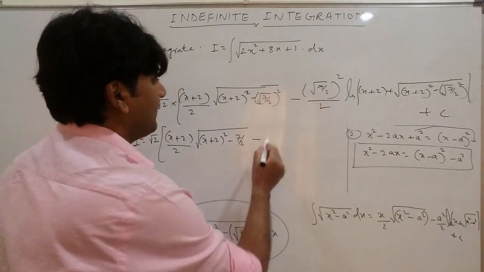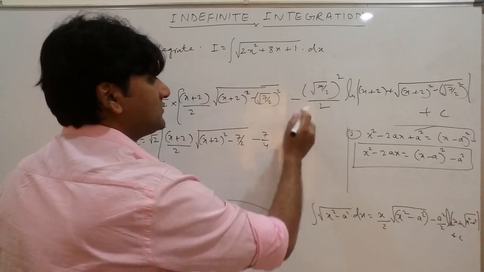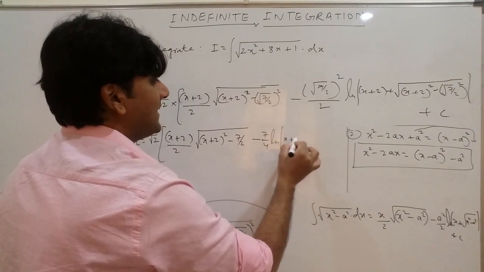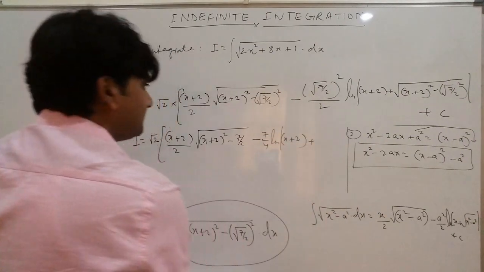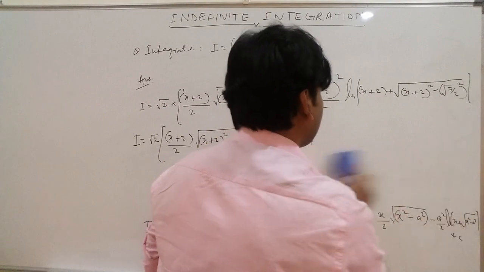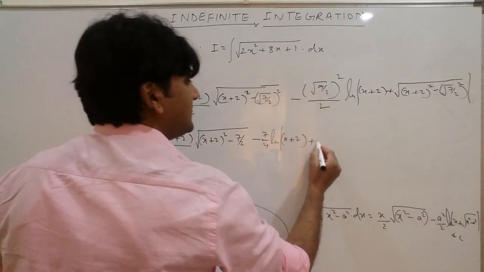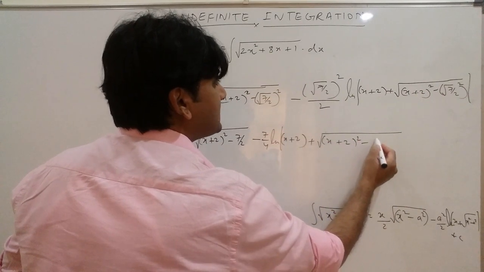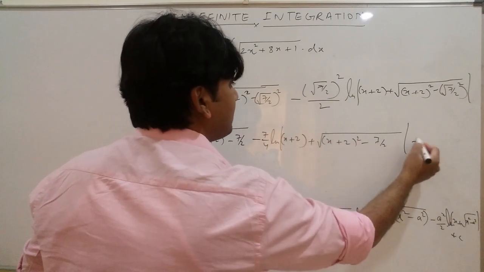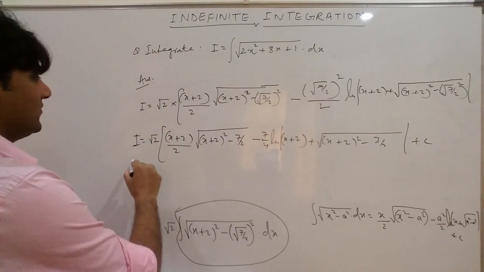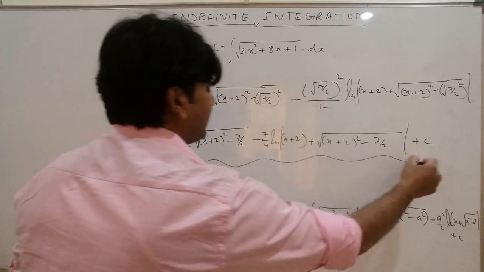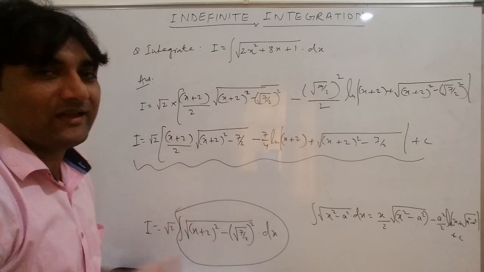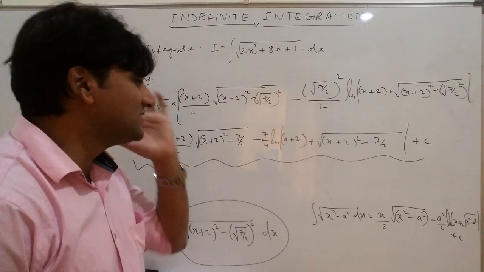So you will get 7 over 4. Then ln, this is x plus 2 plus root x plus 2 whole square minus 7 over 2, plus c. So this is your answer. If you want to calculate it further, like multiply root 2 with this, you can. But it doesn't matter, this is your final answer.